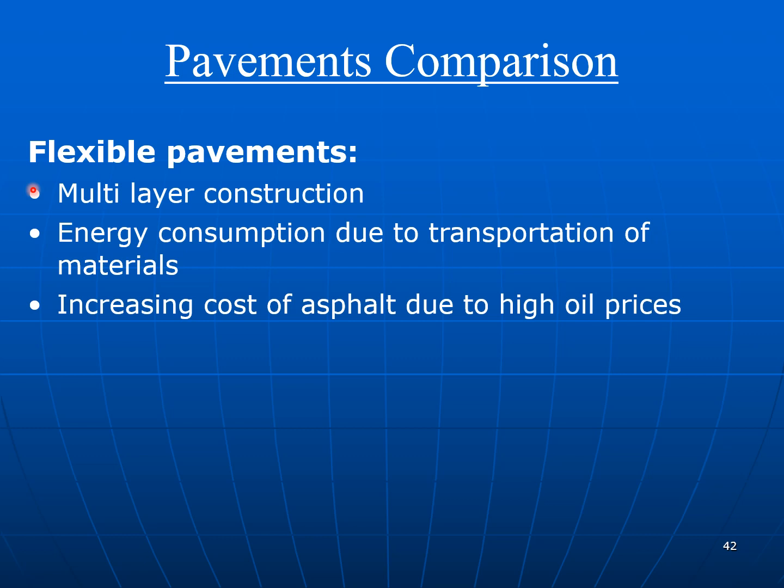But as far as the pavement structure is concerned, it consists of surfacing plus base course plus subbase. So multi-layer construction. Energy consumption due to transportation of materials, increasing cost of asphalt due to high oil prices.